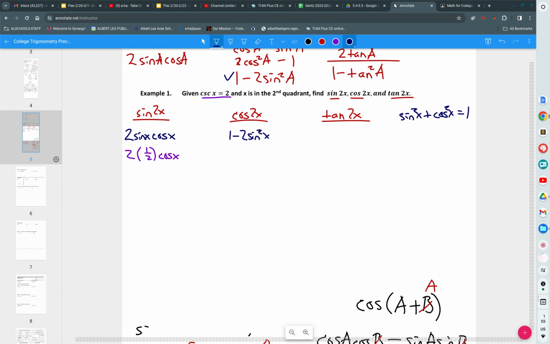So I'm going to take my sine value and square it. My sine value is 1/2. I square it and I get 1/4. Plus cosine squared of x is equal to, and instead of 1, I'm going to write 4/4. I subtract that 1/4 and I get cosine squared of x is equal to 3/4.